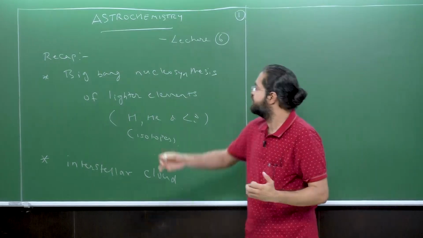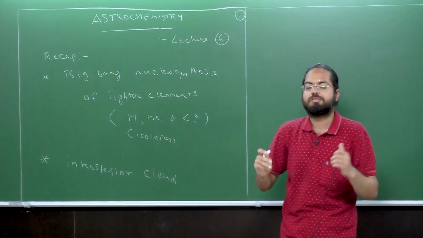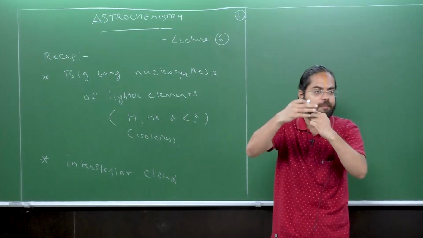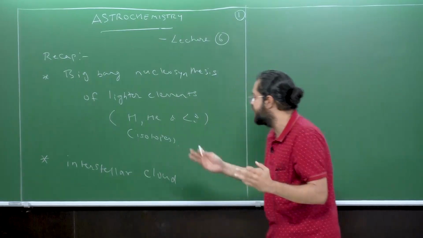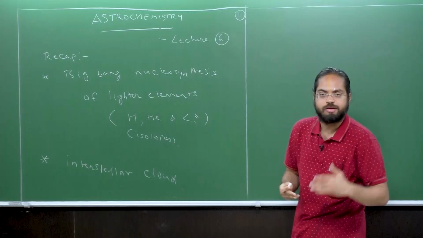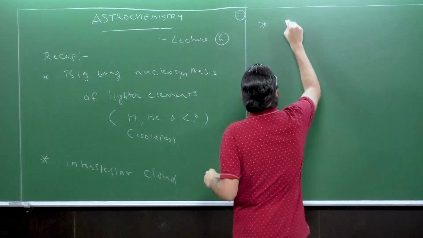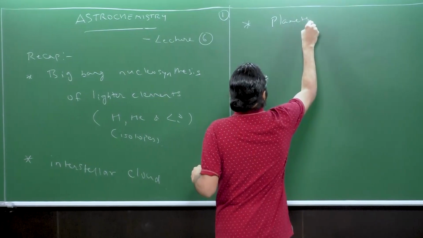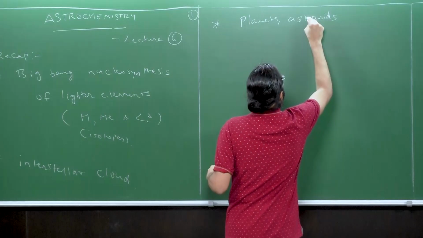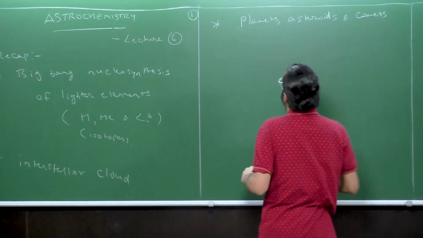But as far as astrochemistry is concerned, more than the formation of the star itself, we are interested in the debris or the disk that accrues around the star, and that eventually transforms into various celestial bodies such as planets, asteroids, and also comets.